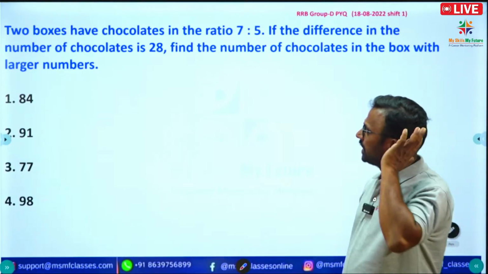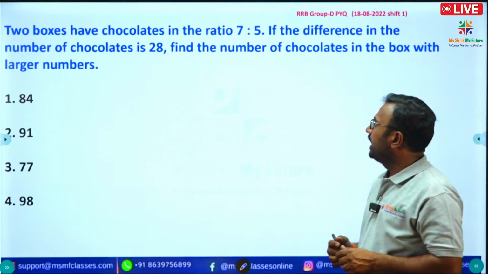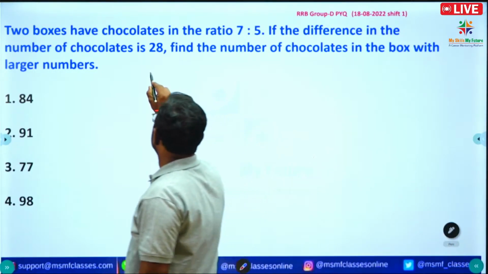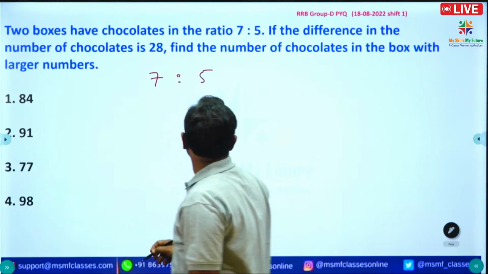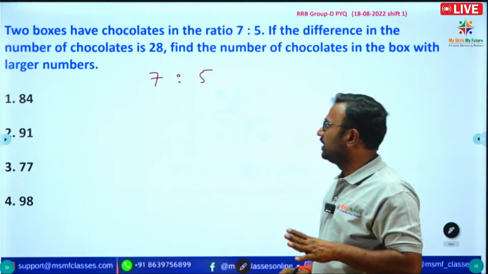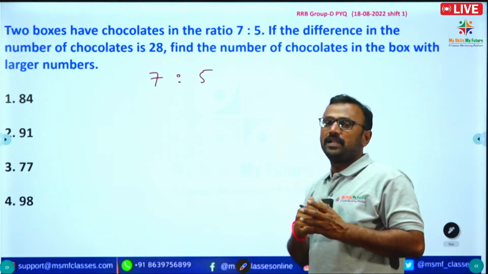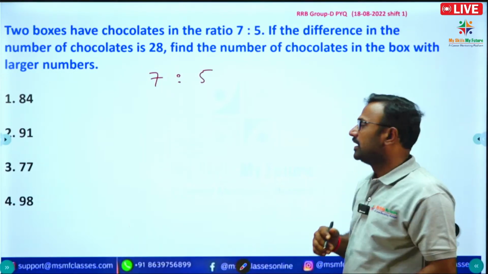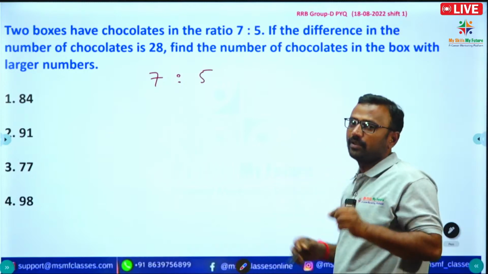Right, see the question. 2 boxes have chocolates in the ratio 7:5. The difference between the number of chocolates is given as 28. Find the number of chocolates in the box with the larger number.